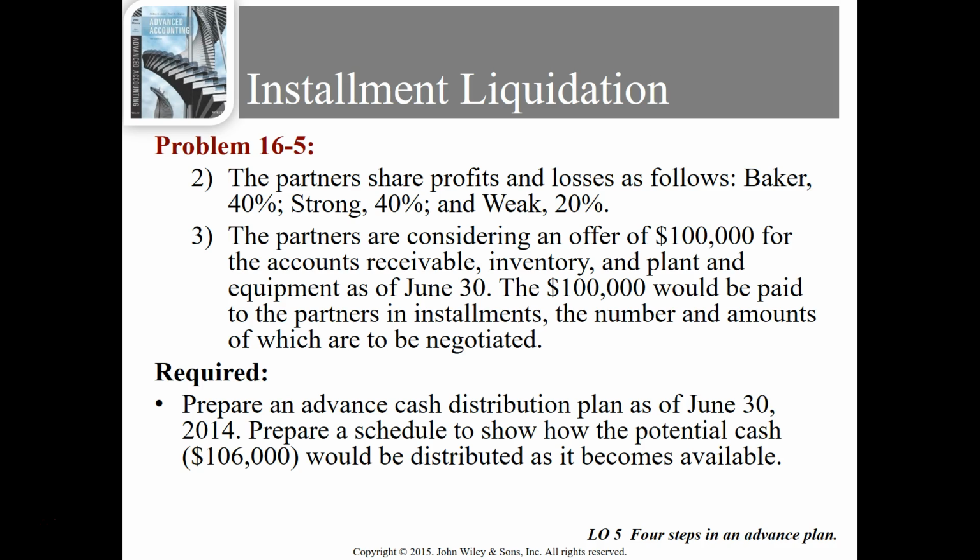Baker of 40%, Strong of 40, and Weak is 20. The partners are considering an offer of $100,000 for the AR, inventory, and plant and equipment. The $100,000 would be paid to the partners in installments, the number and amounts to be negotiated. It wants us to prepare an advance cash distribution plan as of June 30th, 2014, showing how the potential 106 will be distributed as it becomes available.